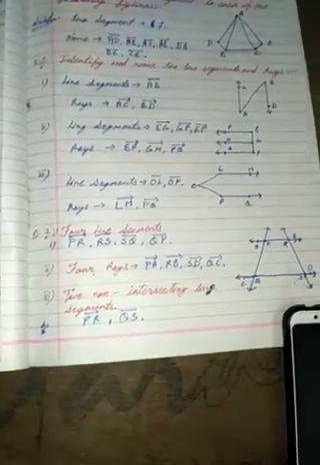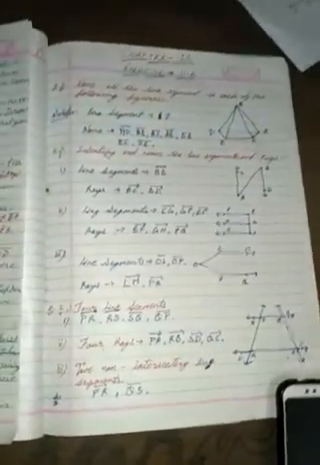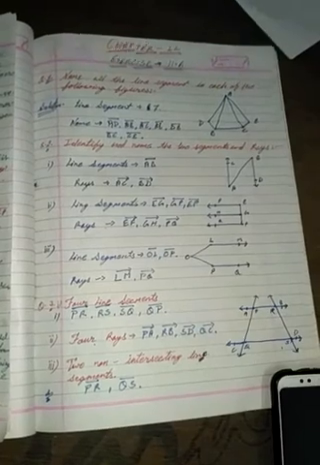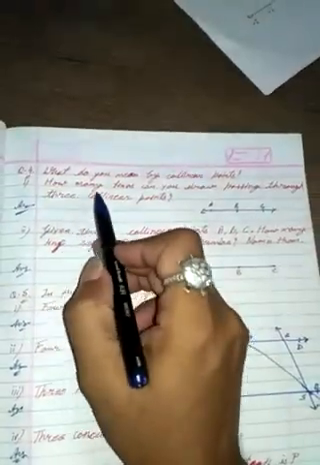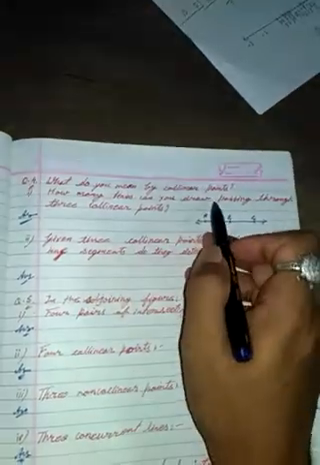Now we go to the next question number 4. What do you mean by collinear points?